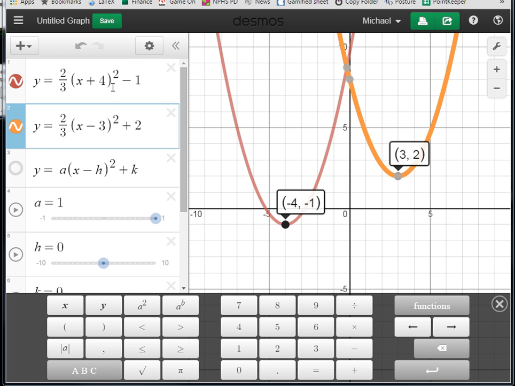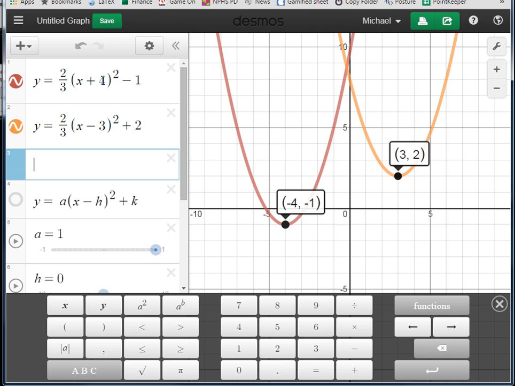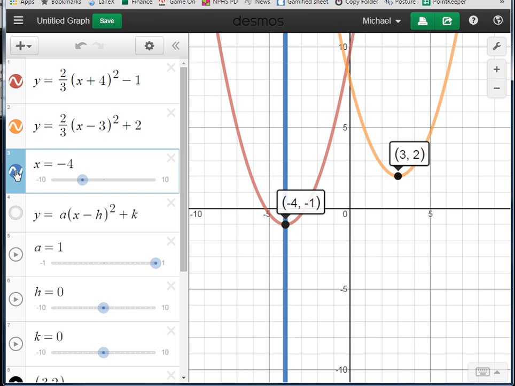Oh, one last thing I would like to say before I leave this video is that this number right here, the 4 or the -3, is the h value, and it happens to be the same as our axis of symmetry. So if I type x equals -4, and then let's go ahead and make that a dashed line.